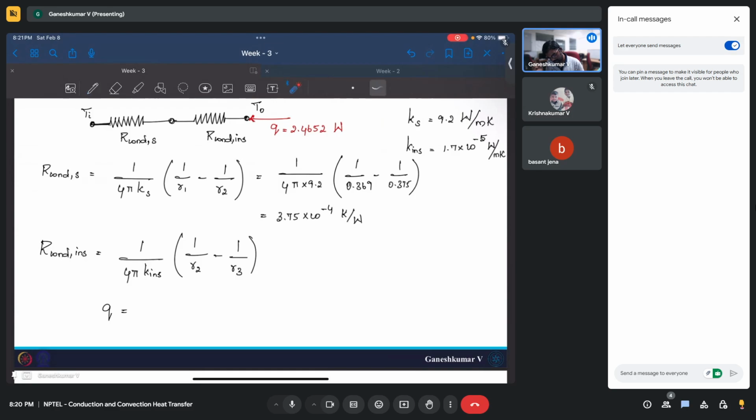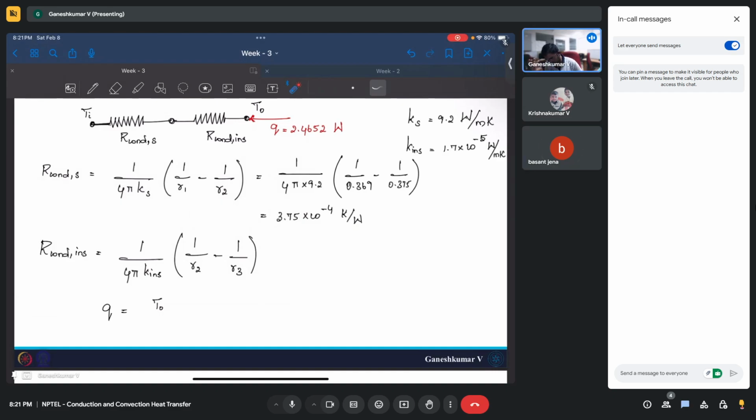So this total Q, we can write as T naught minus Ti divided by the addition of these two resistances, right? What is the value you got? I got 3.75 into 10 power minus 4. I think I have made a mistake.